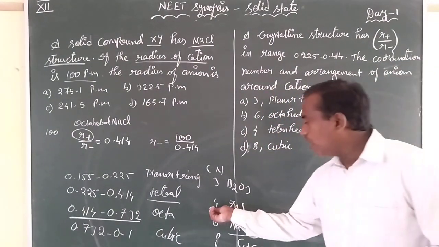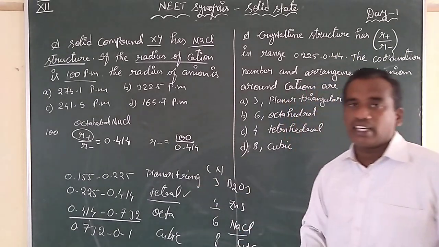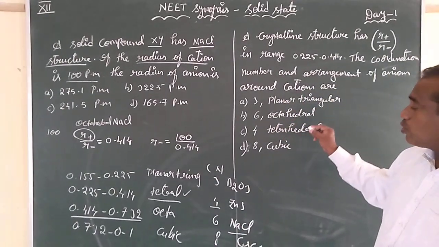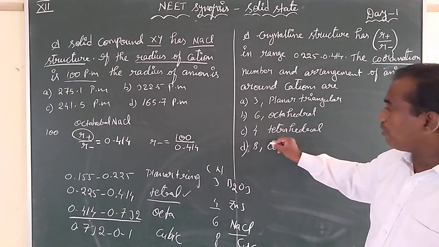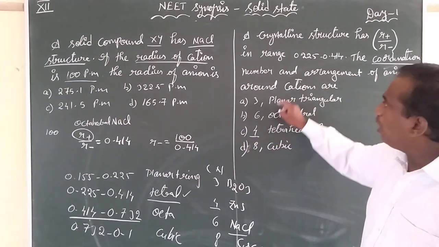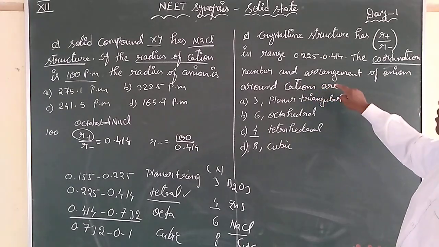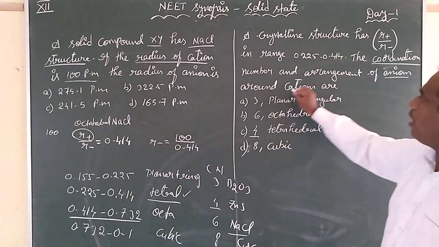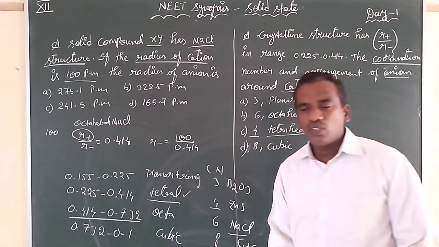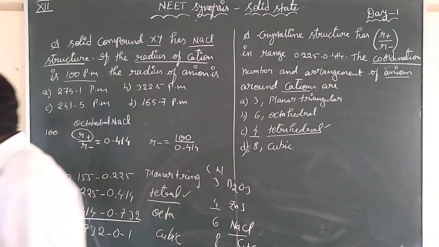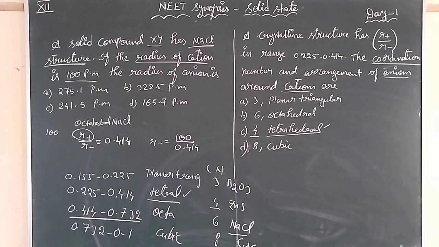Coordination number is 4 and arrangement is tetrahedral. The coordination number will be 4, and the arrangement of anion around cation, with 4, compulsorily is tetrahedral. So this type of direct questions will be there, or they will ask to find the radius of the cation or the radius of the anion.